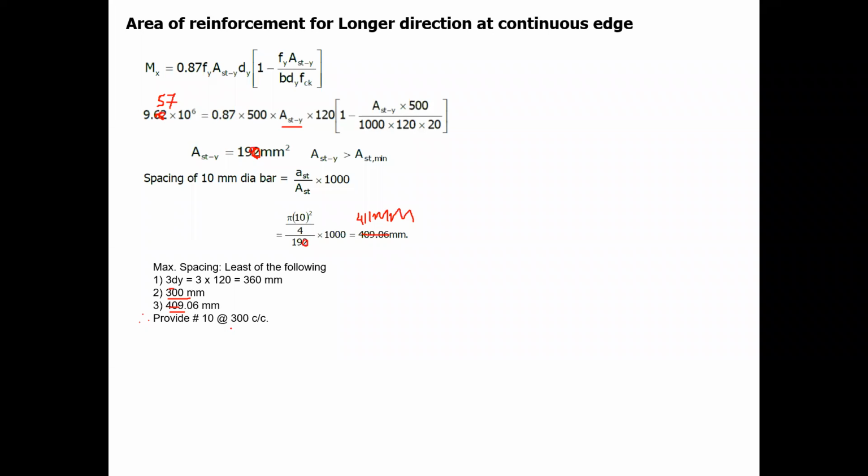Yes, sir. Okay. Next, take down area of reinforcement. Area of reinforcement in edge strip. So here you have to consider the Ast minimum. Okay.